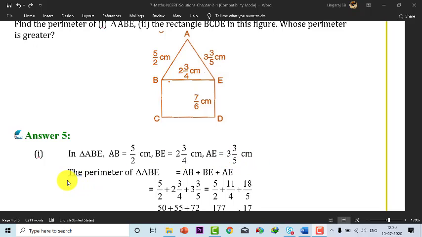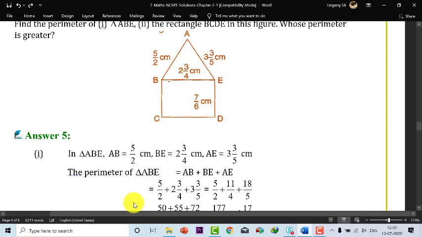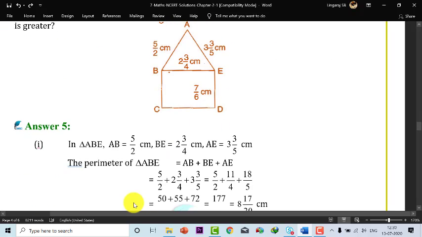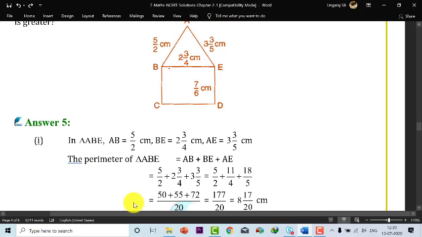The perimeter of a triangle is equal to side plus side plus side. So the perimeter of triangle ABE is equal to AB plus BE plus AE. So add these sides: 5/2 plus 2 3/4 plus 3 3/5 according to the given values.